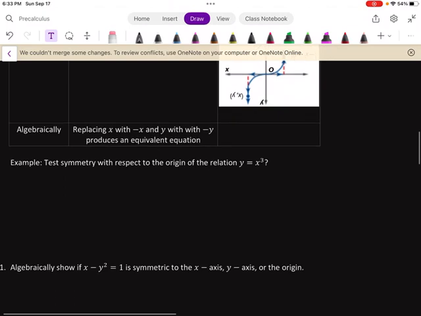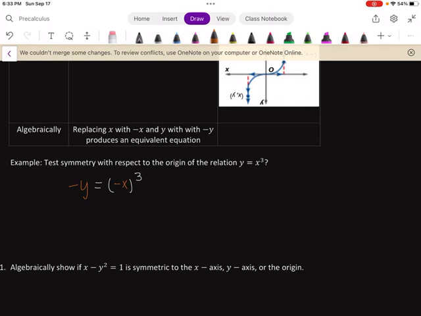So what we do is instead of just replacing x or y, we replace both with negative x and negative y. So let's take a look here. We have y, so really that's negative y is equal to, in parentheses, x to the power of 3. So here we have negative x in there.